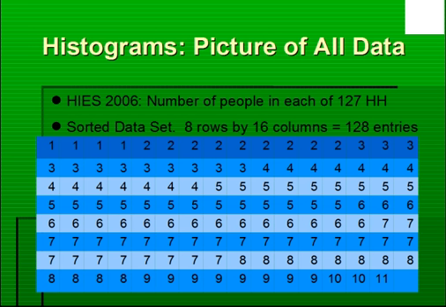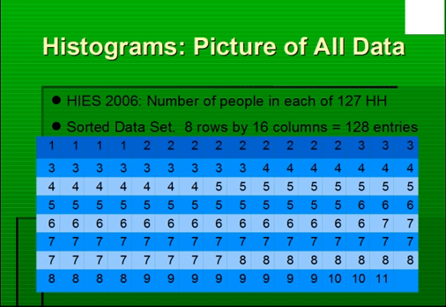So each of these households has a certain number of people. So we list for each household how many people are contained in this household, and this list is pictured in this table. The table is an 8 by 16 table, so it has 128 entries.